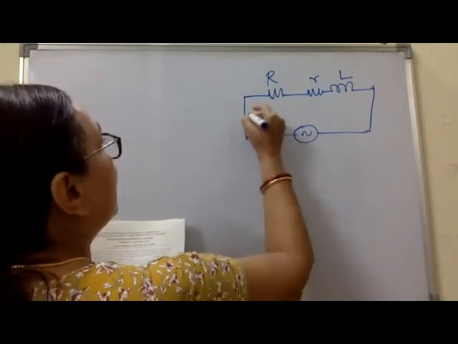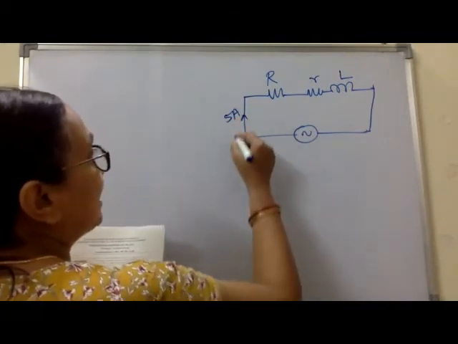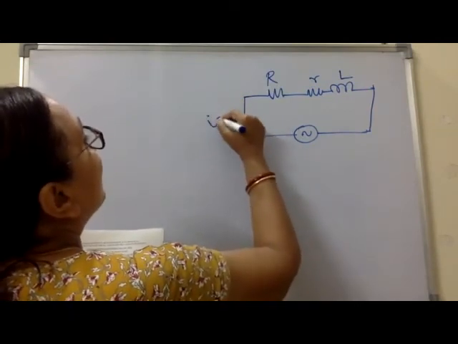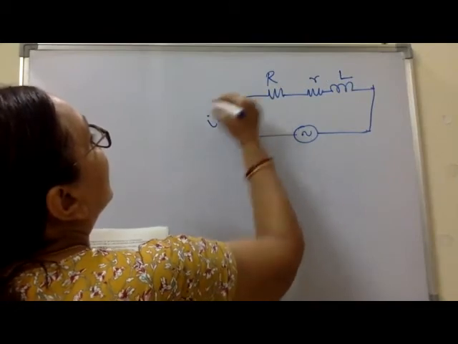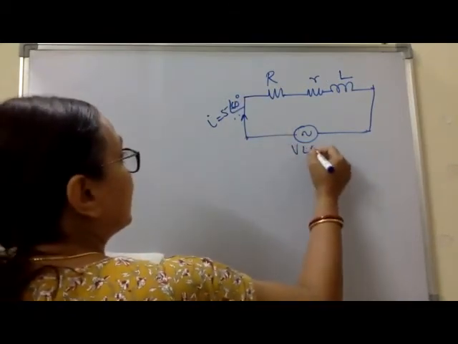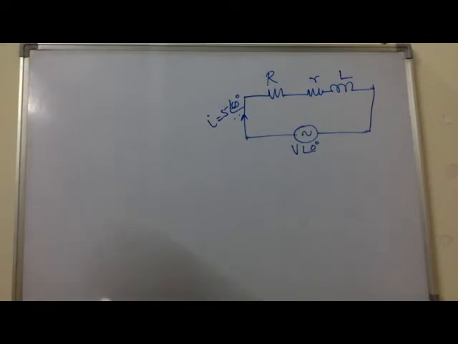The current of 5 amperes is flowing in the circuit, but this 5 amperes lags behind the voltage by an angle of 60 degrees. So when it lags behind the voltage by 60 degrees, you have to find out the resistance and reactance of the coil.